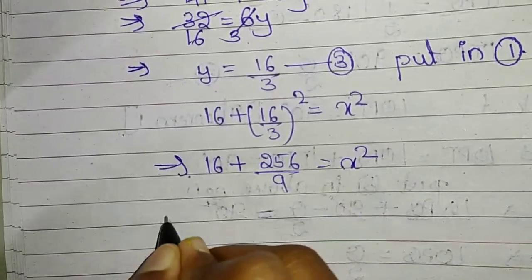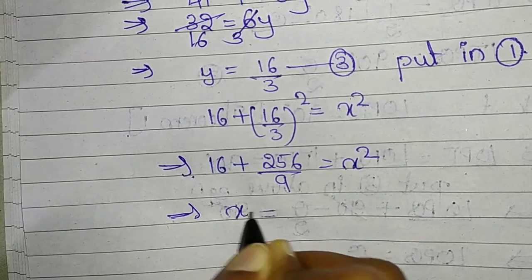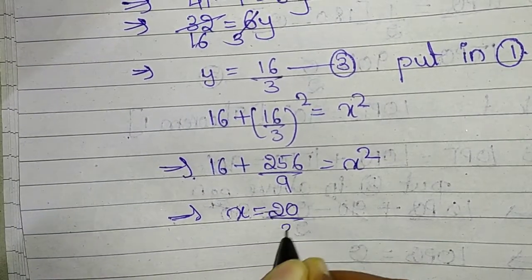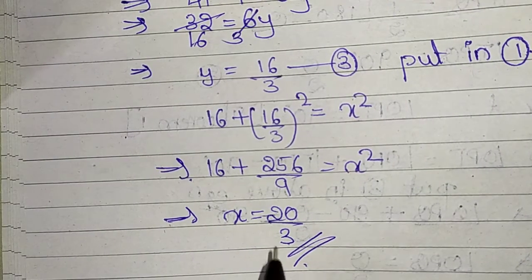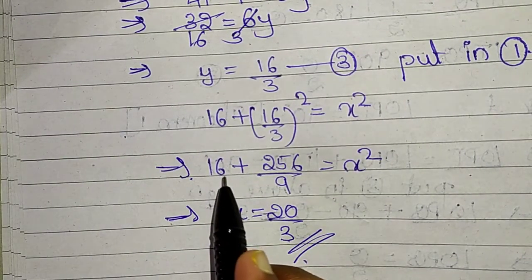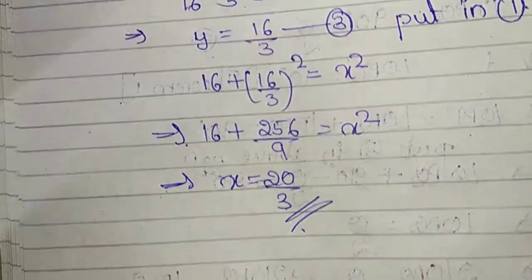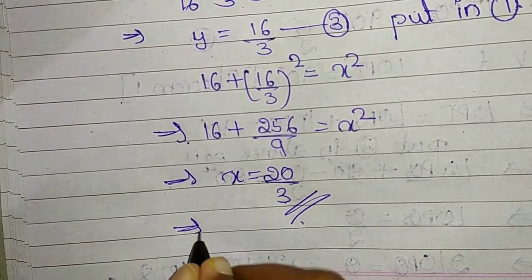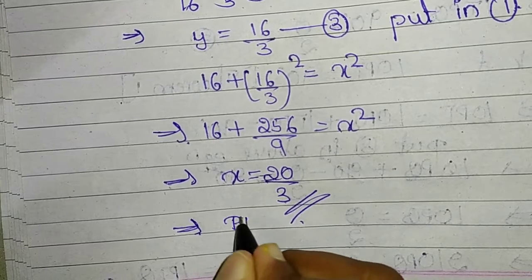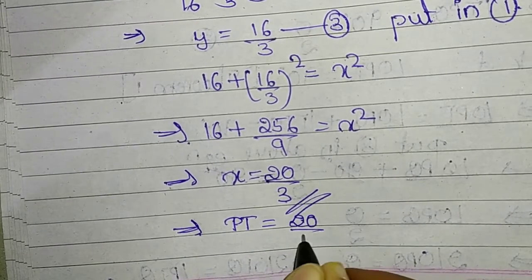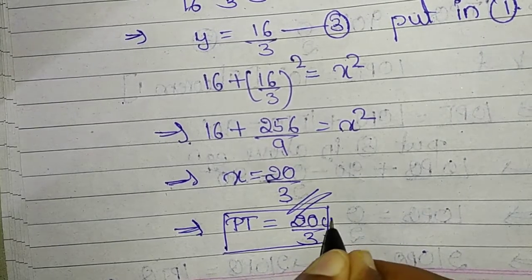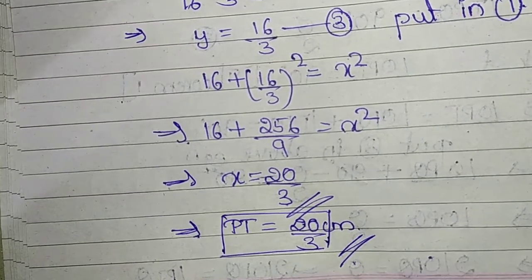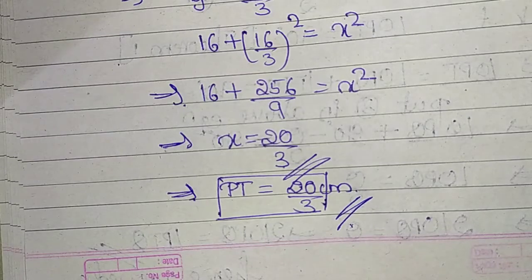On simplification, you will get x equal to 20 by 3. Take the LCM, 9 sixteens are 144, so the value of x is 20 by root 3. So this implies we know that the value of x is PT. PT is equal to 20 by root 3. This is our required answer, centimeters. Don't forget the units. So this completes your solved examples.